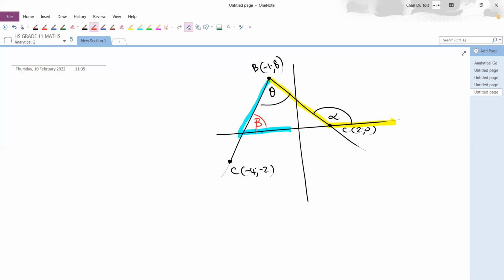Can you see that alpha equals beta plus theta, exterior angles of a triangle? How can you write that short?